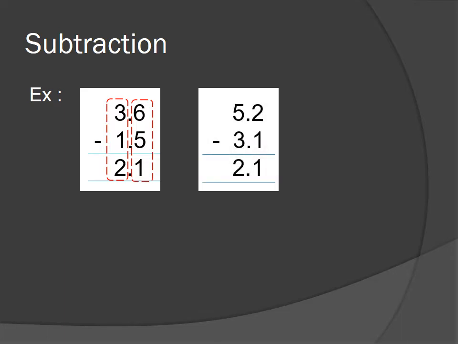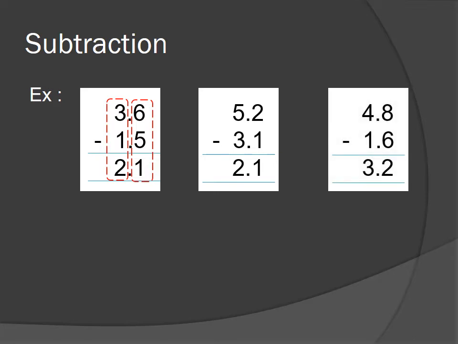5.2 minus 3.1. You can subtract the numbers in the tenths place first. 2 minus 1 is equal to 1. 5 minus 3 is equal to 2.